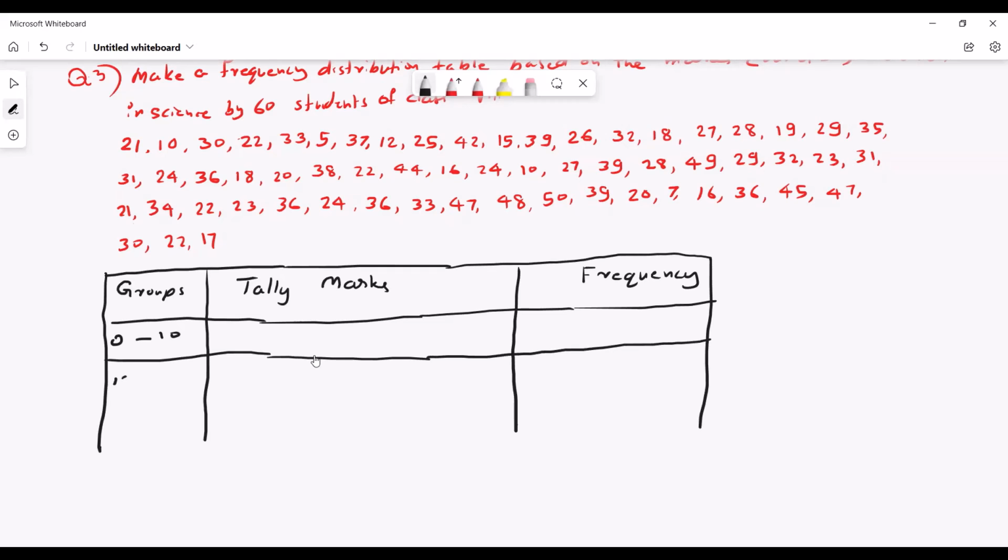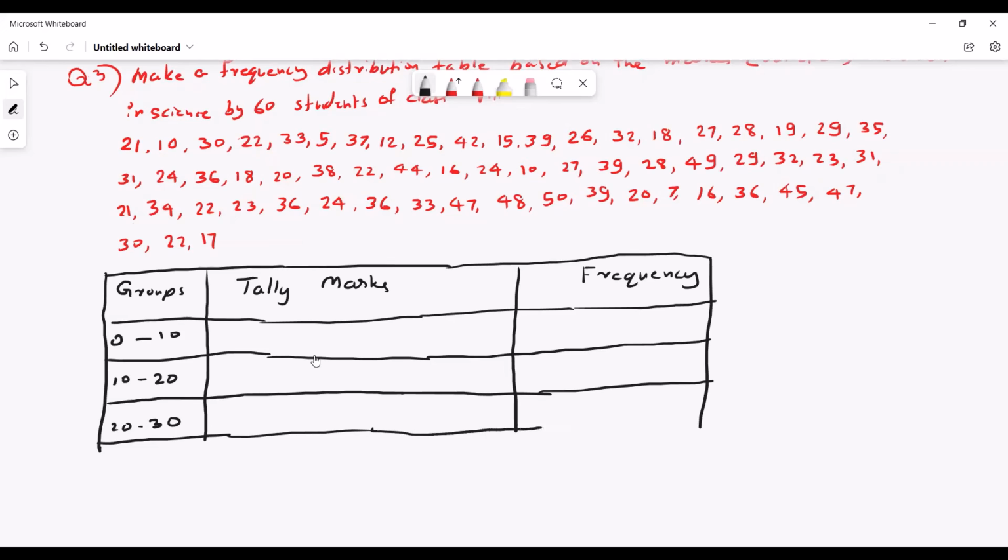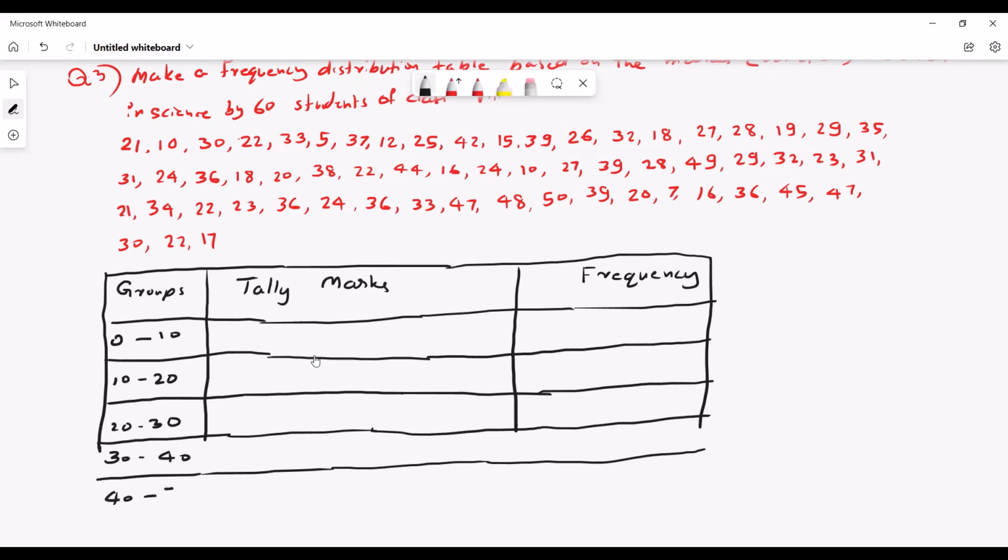Second group as 10 to 20. And third group, let it be 20 to 30. Then 30 to 40. Then we can consider 40 to 50.